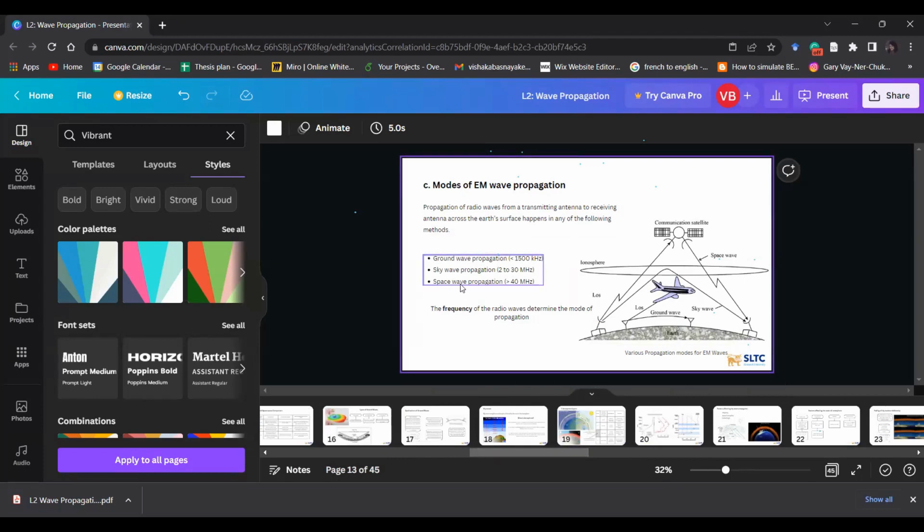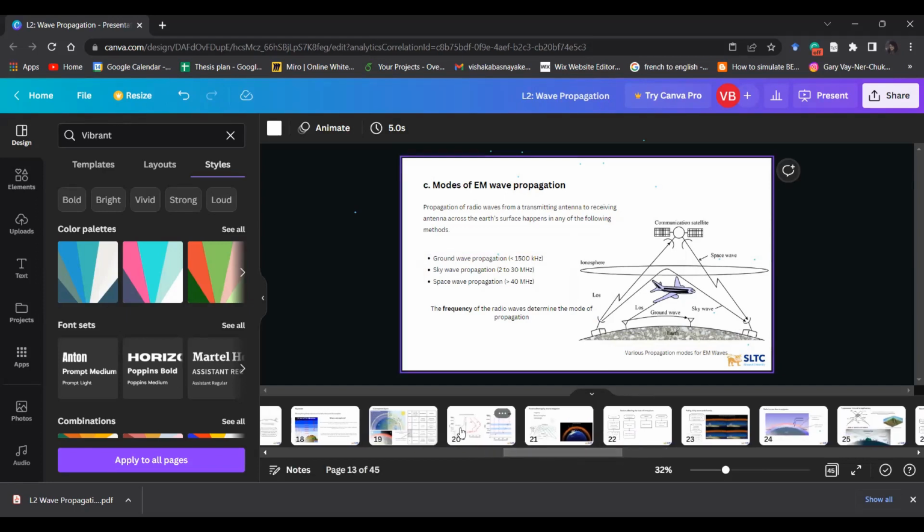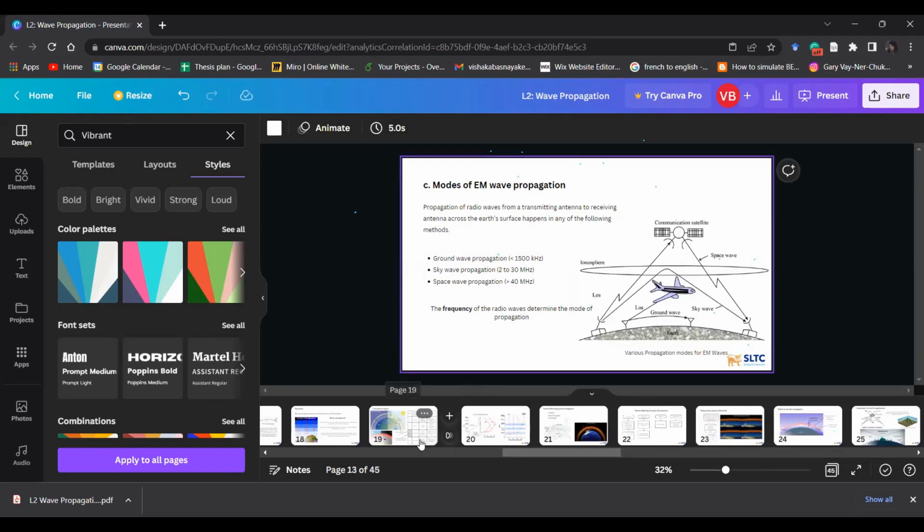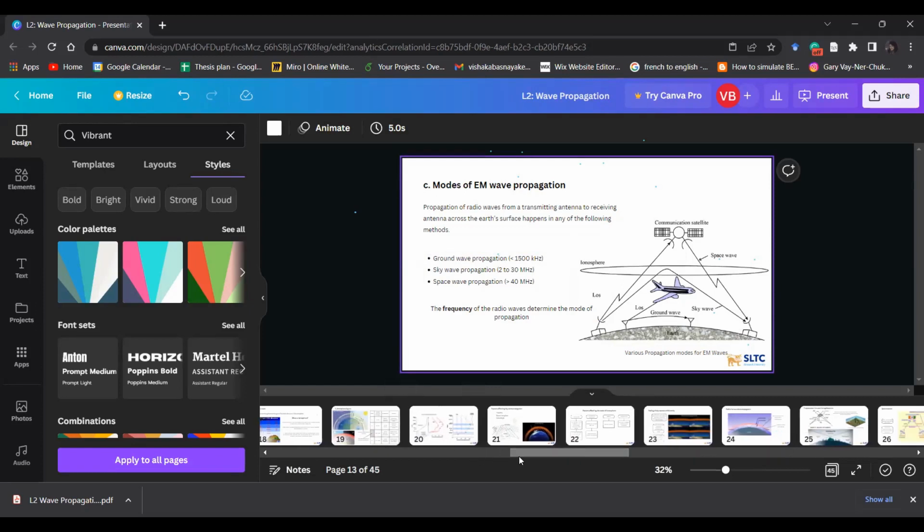Here we are saying space wave propagation, which is about satellite communications and direct line-of-sight, point-to-point communications, which function with a frequency above 40 megahertz. In that range, satellite communications also happen, and therefore satellite communication will be a topic in this module once we have finished with the basic designs of the microwave circuits.